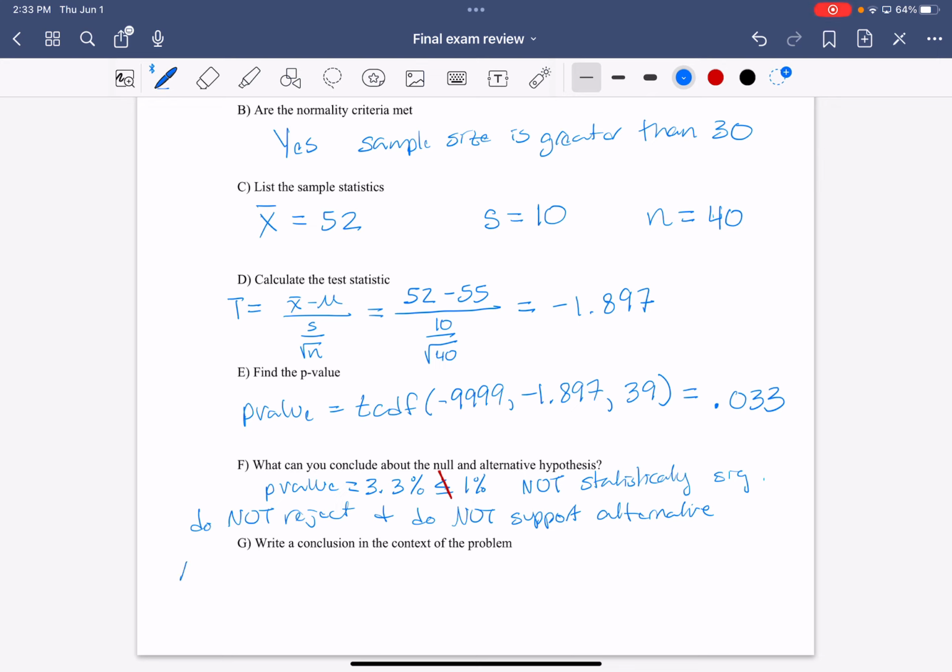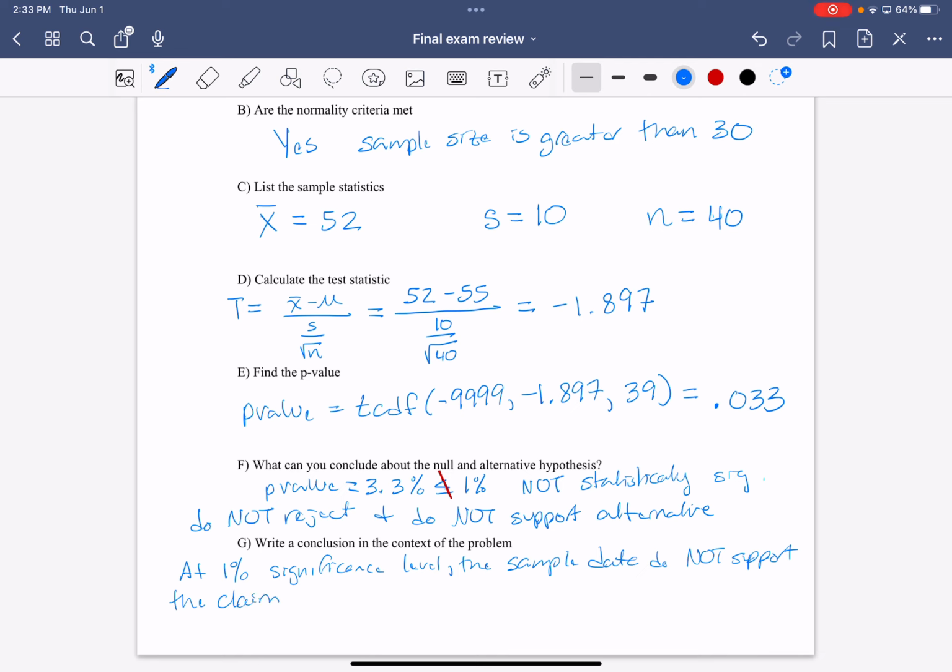Lastly, write a conclusion. At 1% significance level, the sample data do not support the claim. Sorry, I know it's tight on space.